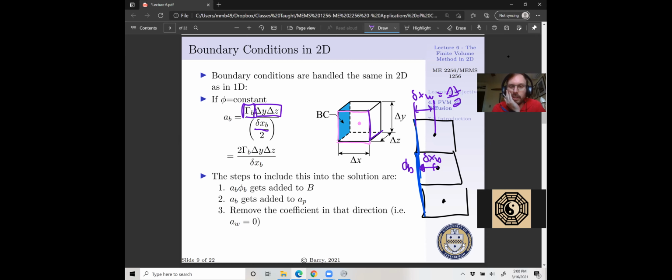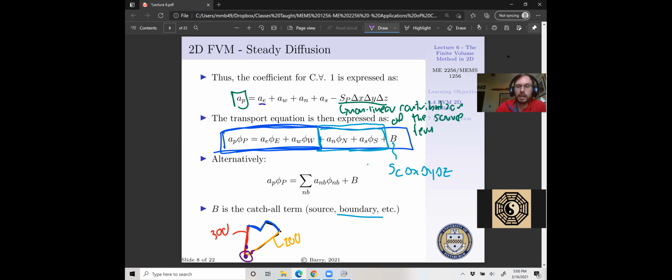So if we have a singular boundary condition on the left-hand side or right-hand side or top and bottom, it's super easy to incorporate. We incorporate it just like we did in our 1D diffusion equation. If this is a temperature, we just add AB phi b to B, which was our catch-all term.